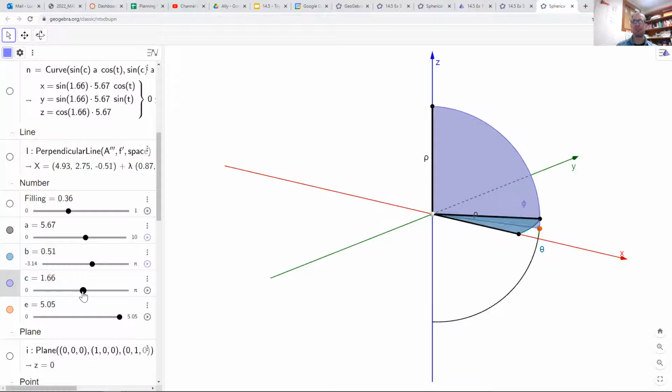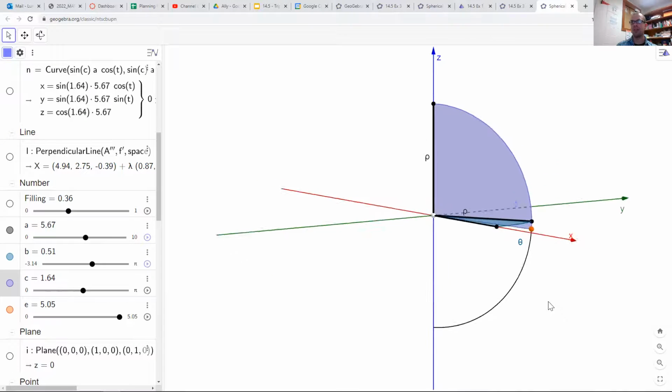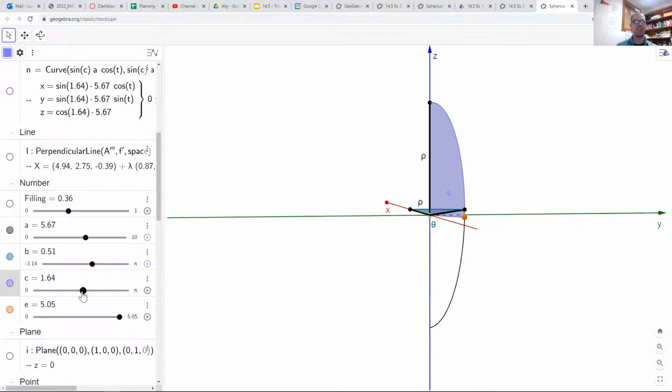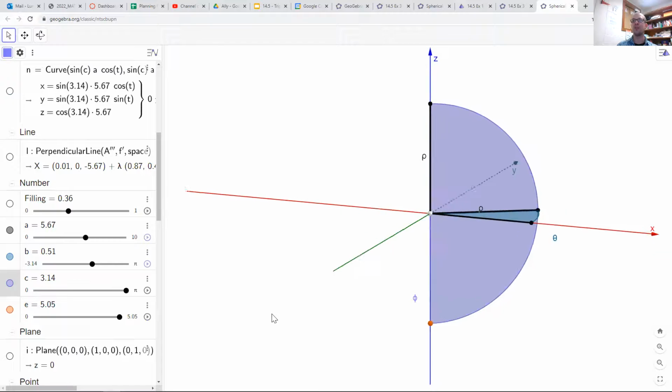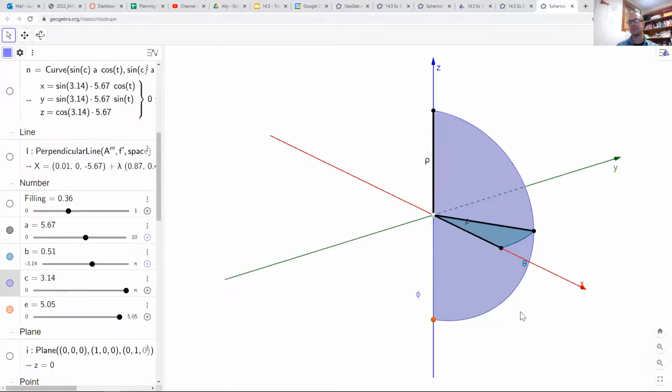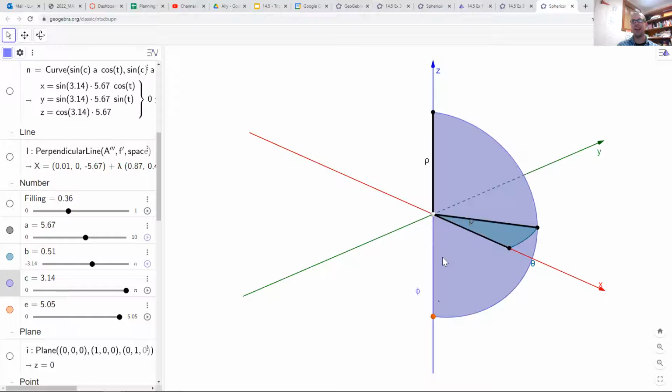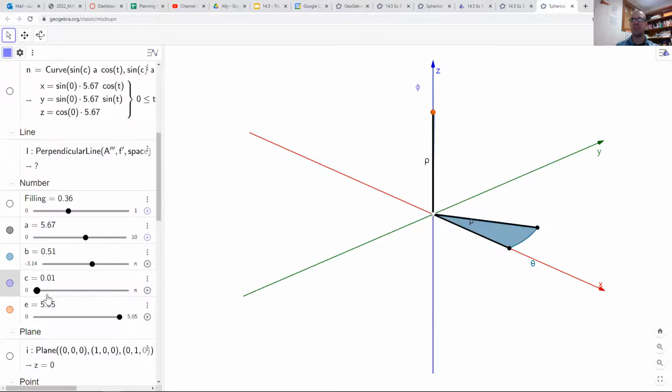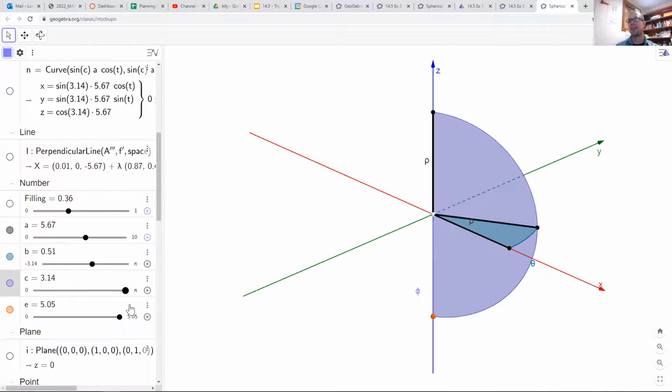And when you get to fully pi, you'd be down at the negative z-axis. So this new angle phi has a domain going from 0 to pi.